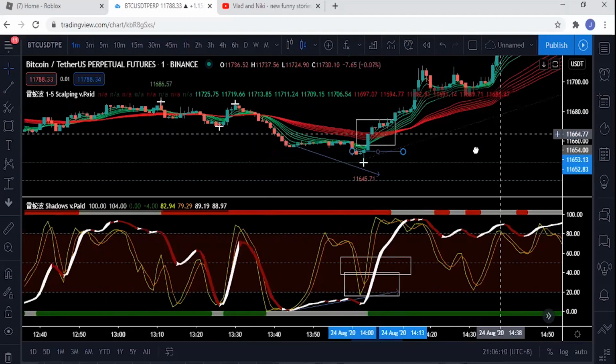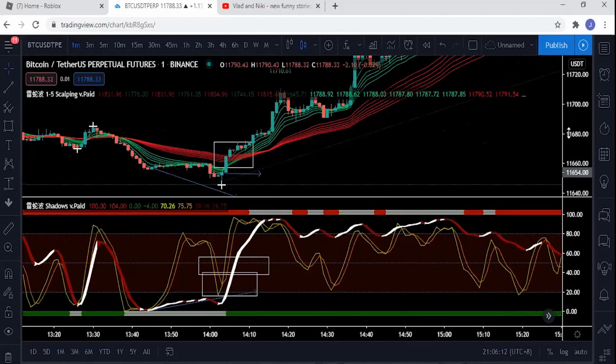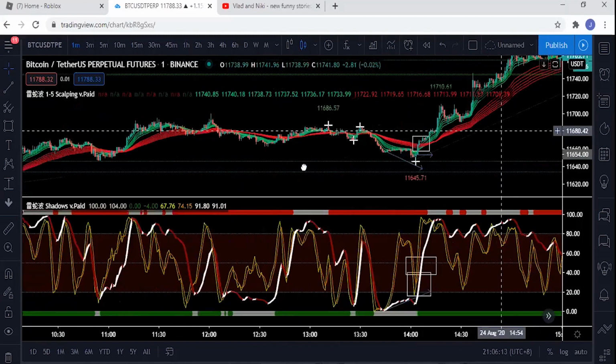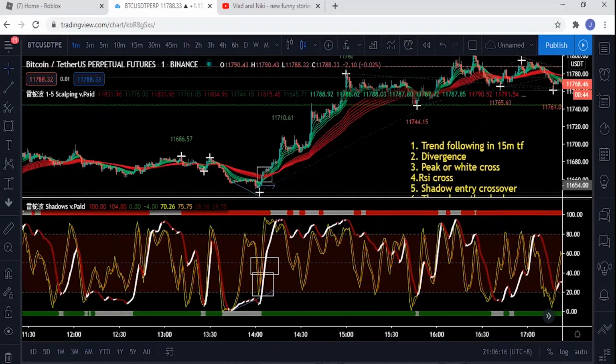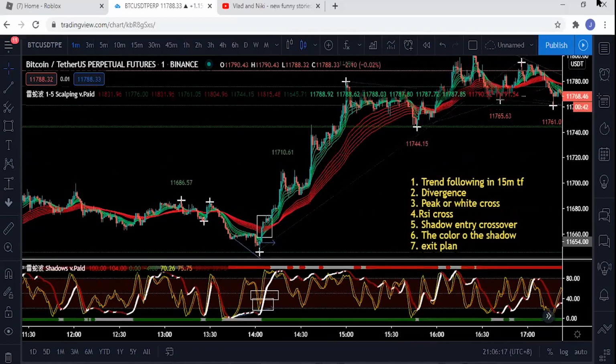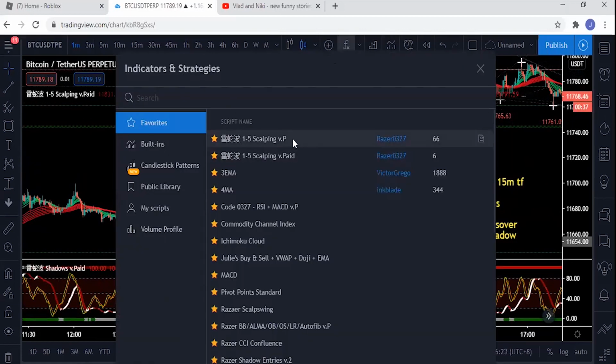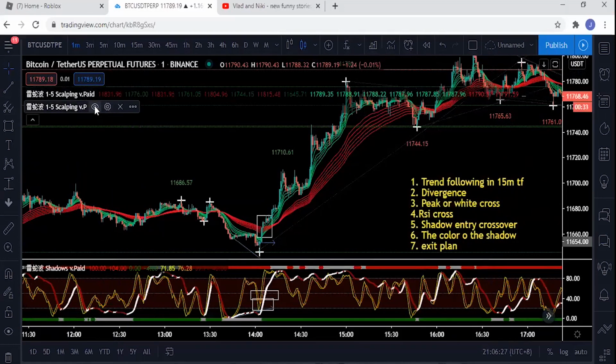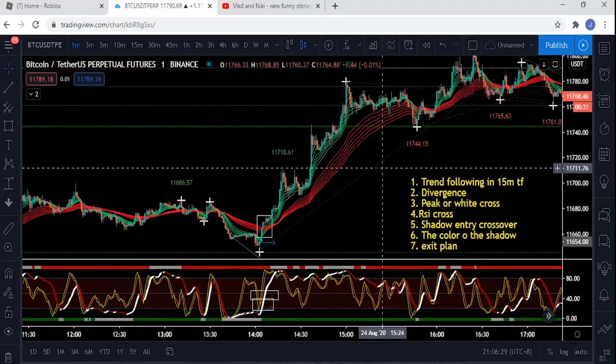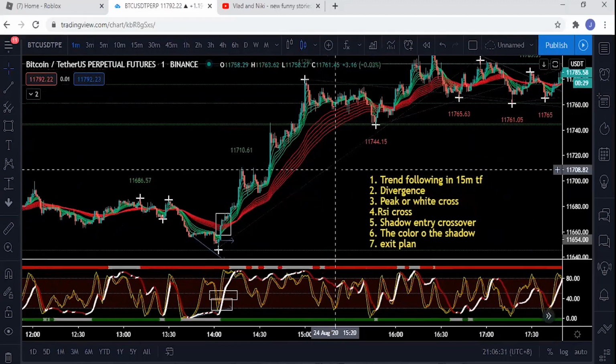And then where to exit? Where to exit in our counter crossover. So your exit plan is to find another cross.